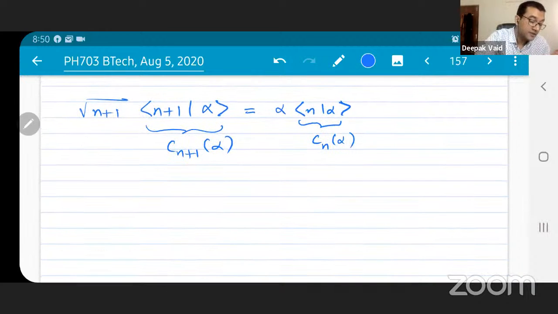So now I can take n. I can start from any value of n, and I can keep going down by one level, right?